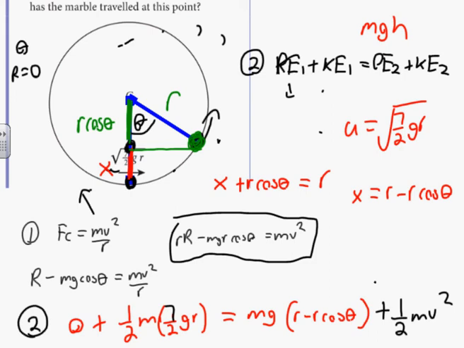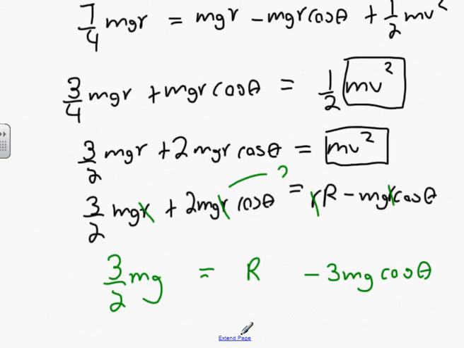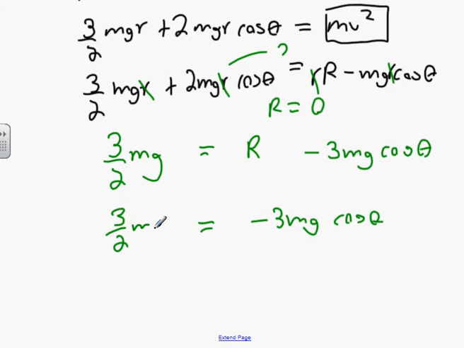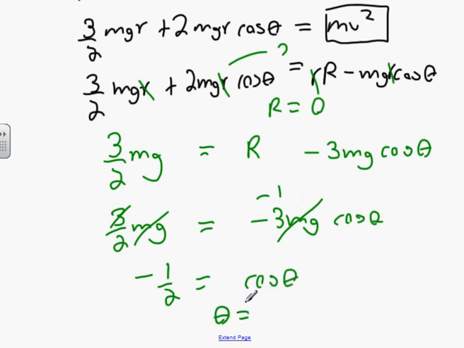Okay, so let me show you. So what we're going to get is R equals 0. Then we're going to get minus 3 mg cos theta equals 3 over 2 mg. 3 mg is just take a hike. Minus 1. Start right, minus 1. So minus 1 goes down, so you're going to get minus a half equals cos theta. Cos inverse minus a half, anybody? 120 degrees.